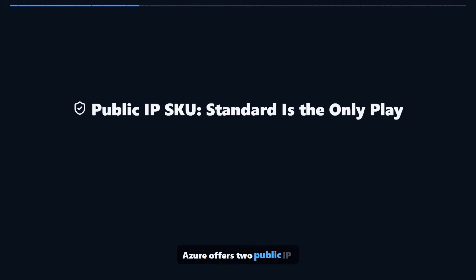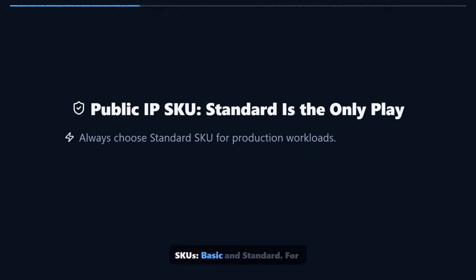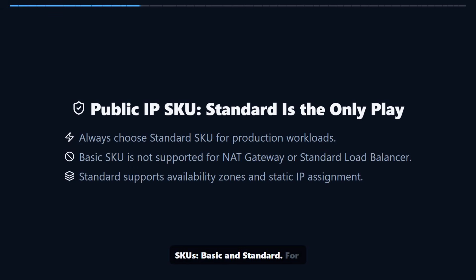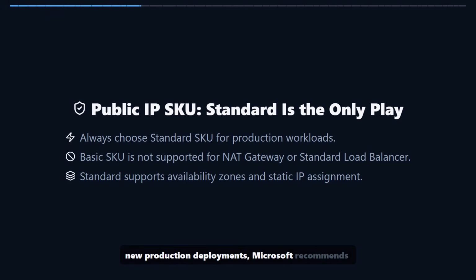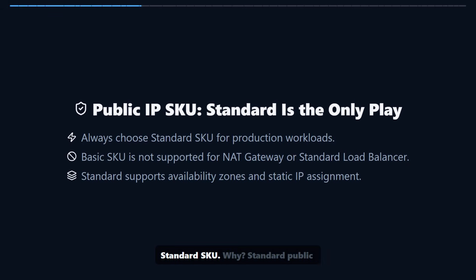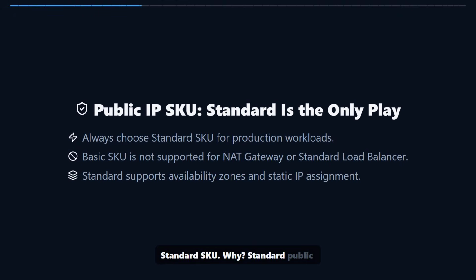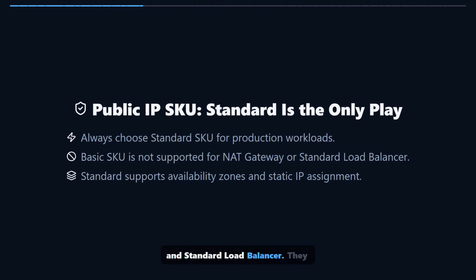Azure offers two public IP SKUs, Basic and Standard. For new production deployments, Microsoft recommends Standard SKU. Why? Standard public IPs support modern Azure networking features such as NAT Gateway and Standard Load Balancer.